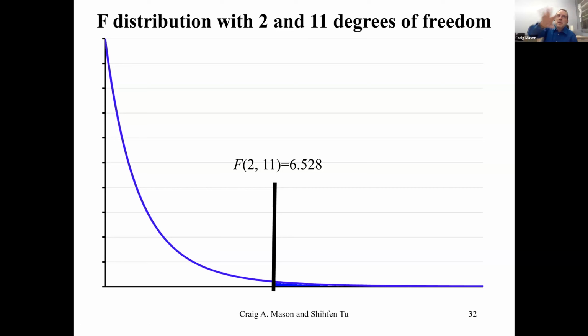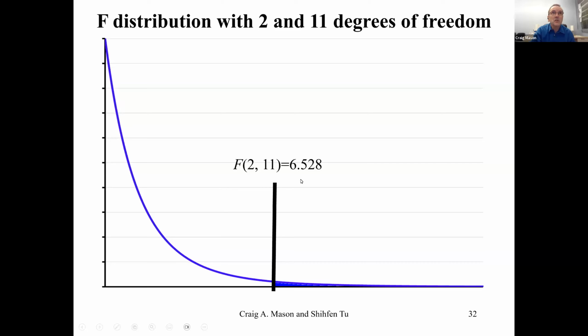It's the probability that just randomly we would get an F score of 6.528 if the null is true, right? This is all based on an infinite number of samples. If I got a sample, you got a sample, they got a sample, everybody gets a sample, and the null is true, and we all took samples and calculated Fs, this is what the distribution of our Fs would look like.